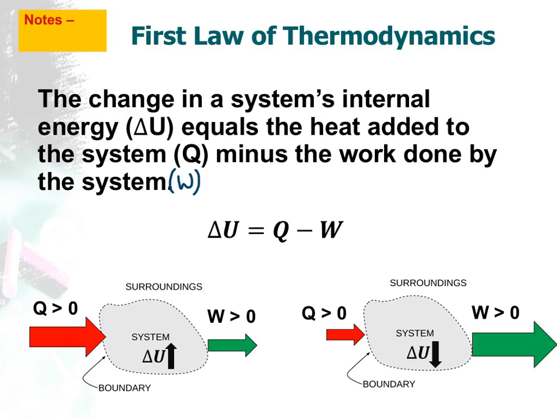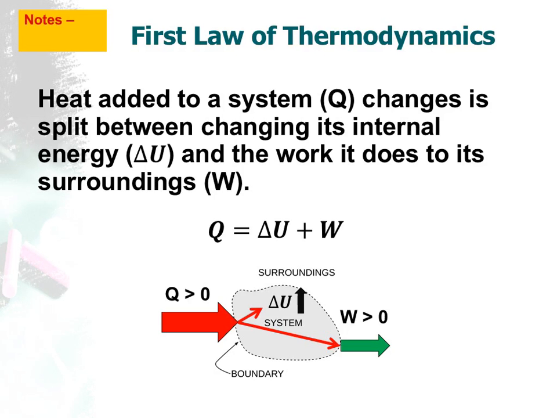There's another way to think about the first law, and that's this way. Heat added to a system, let's cross this out, I just saw a typo, sorry about that. It should read like this: heat added to a system is split between changing its internal energy and the work it does on its surroundings.